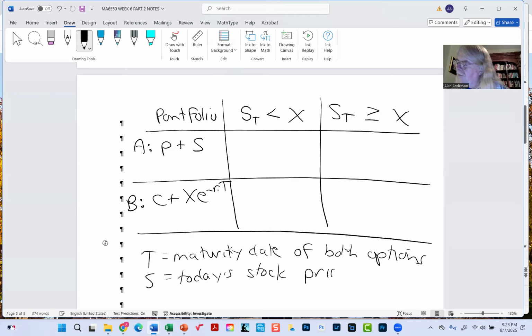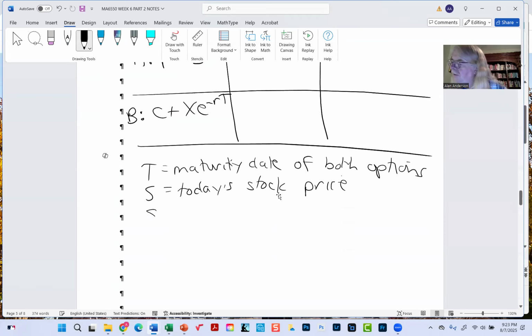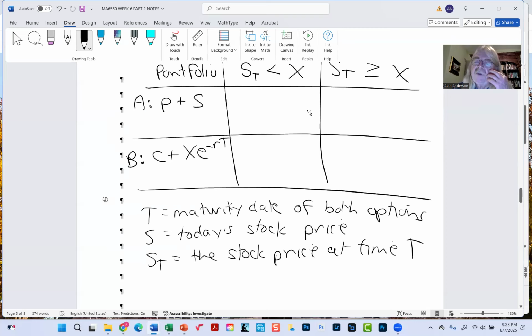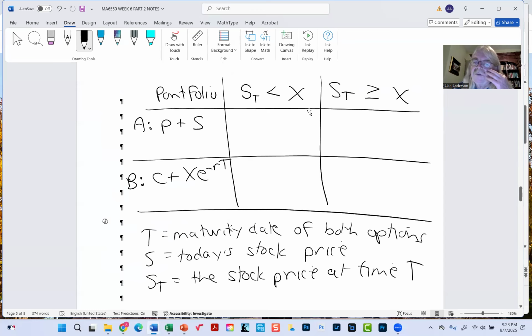But when I add that subscript, S_T, it becomes the stock price at time T, meaning at the maturity date of the two options. All right, now that's a huge deal because that's the date on which we can show what their cash flows are going to be. These are European options. They can only be exercised on the maturity date, which is capital T. So that's the relevant date for these cash flows.